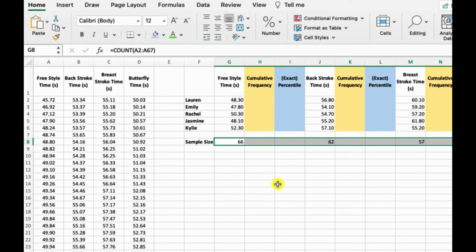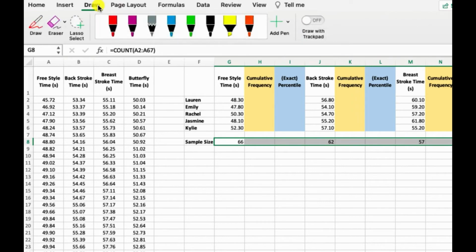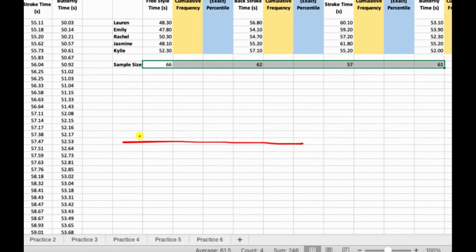For my cumulative frequency, recall that when we want to start building how many people were able to achieve a certain value or below, we have to consider what the distribution looks like. So I'm going to draw very poorly, but let's say our data are normally distributed, and our mean is in the center, so we'll call that x bar.